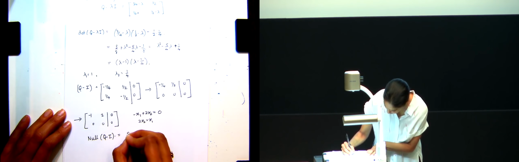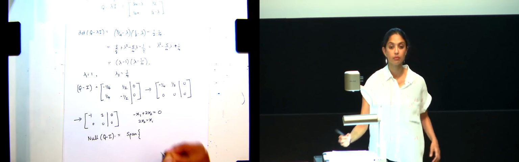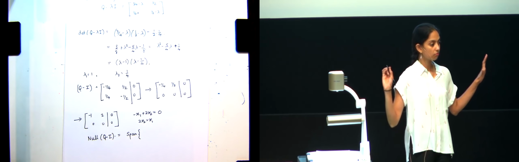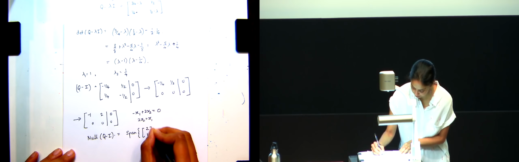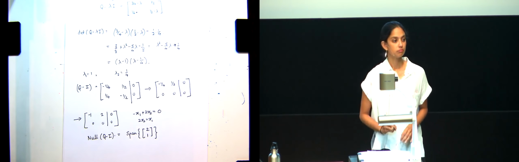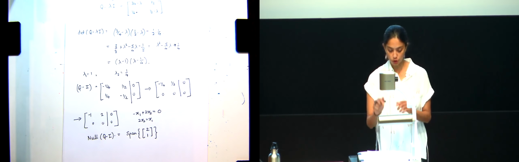I can write it as the span of a vector, right? Everyone with me? What is the vector that I want to write there? 2, 1. Everyone with me? So this is the first eigenvector.